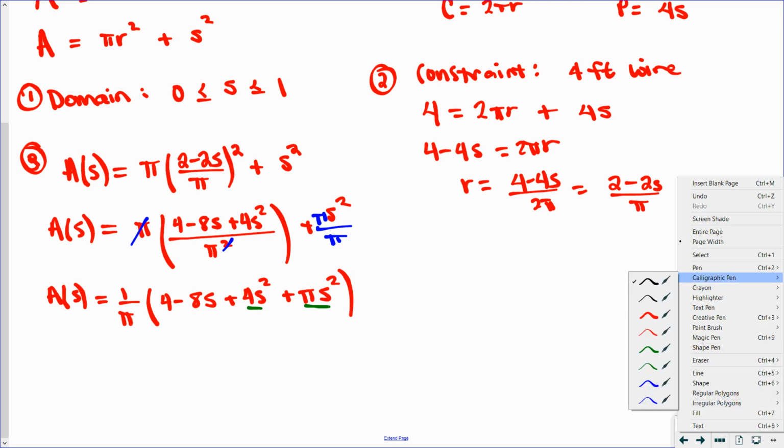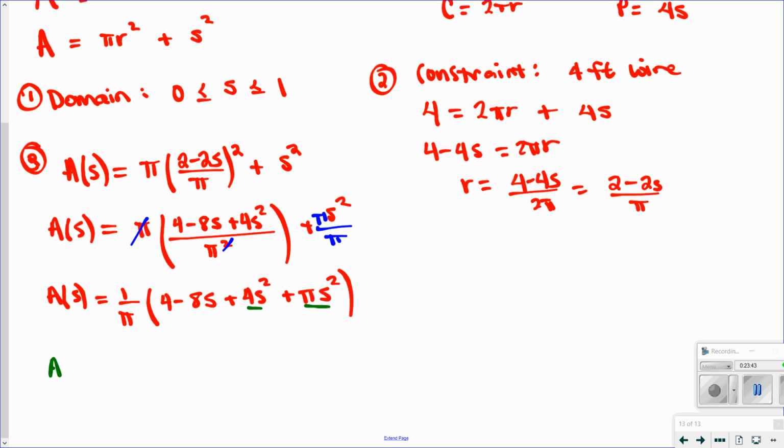So I'm going to rewrite this as 1 over pi times (4 minus 8s plus (4 plus pi) s squared), because I think it'll be easier to differentiate that.